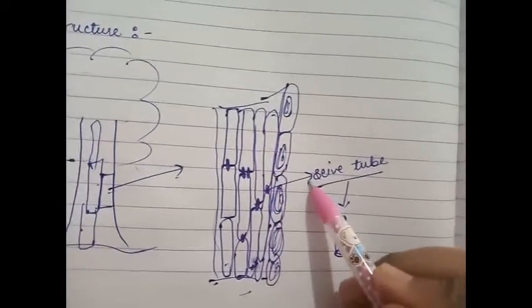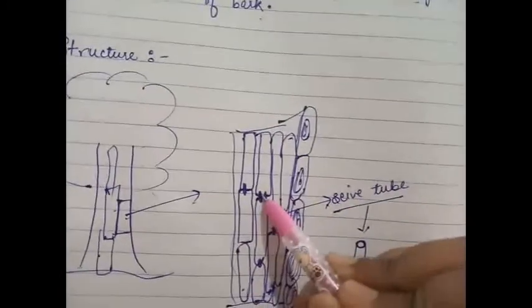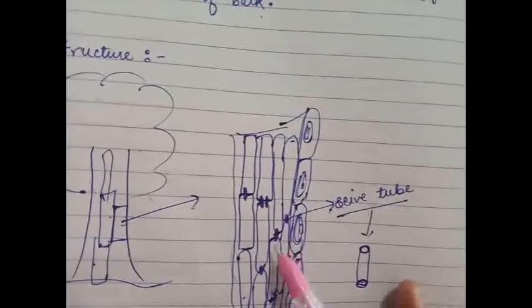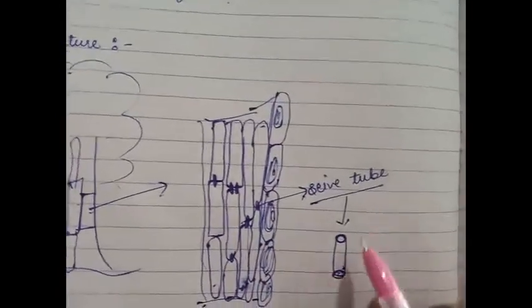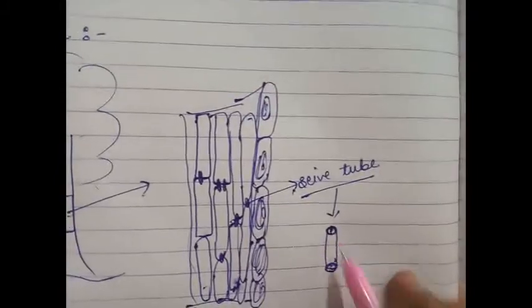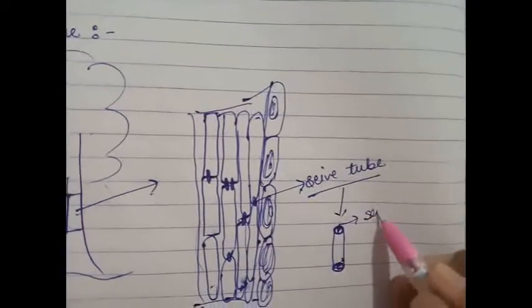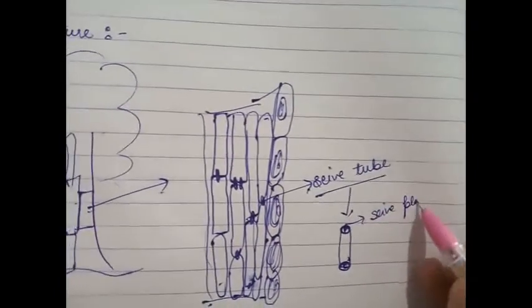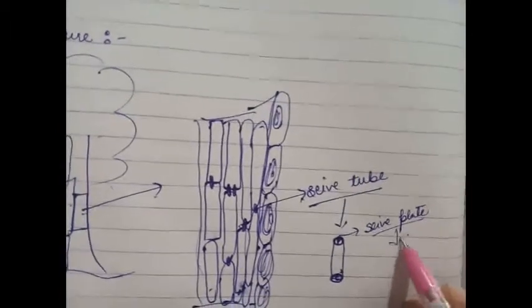At the end of these tubes we have taken one structure here, in which you can see that here is a pore and here is also a pore. These pores are the sieve plate, or you can also say perforation.